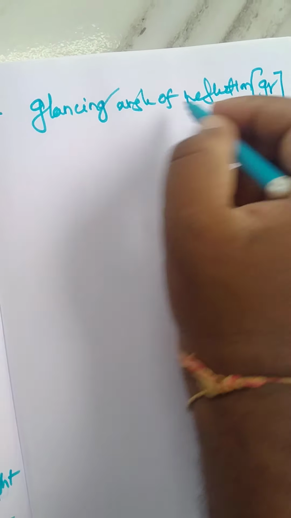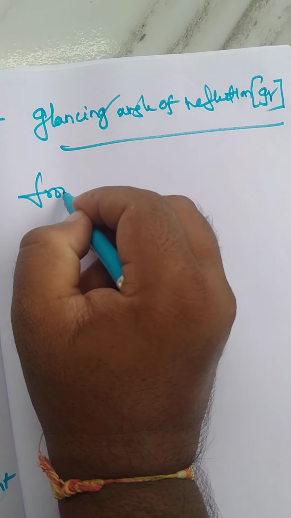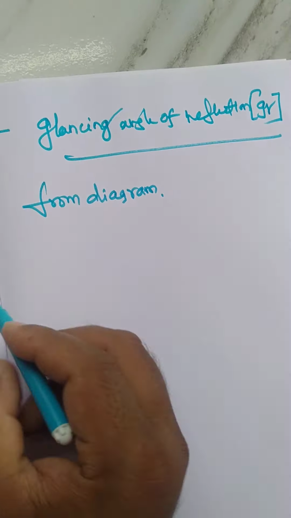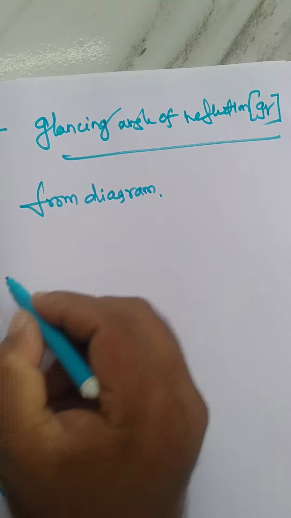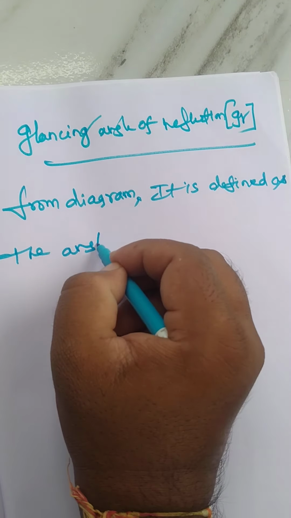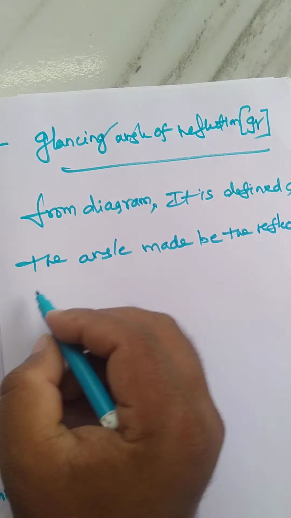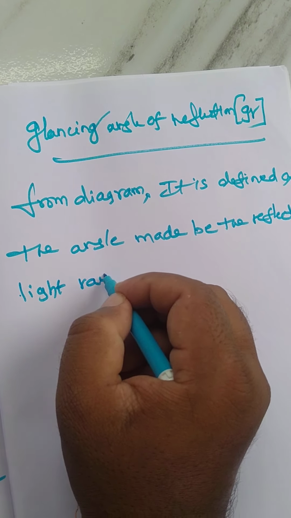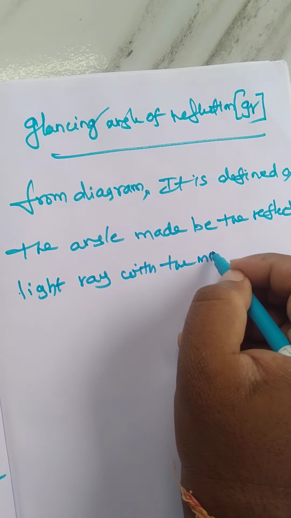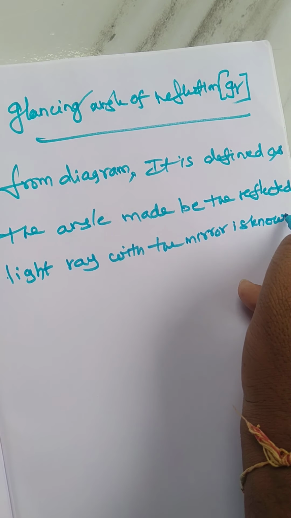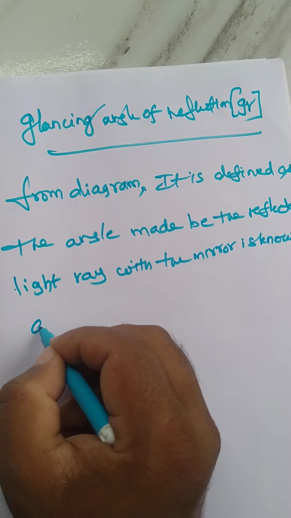It is nothing but G suffix R. From the above diagram, it is defined as the angle made by the reflected light ray with the mirror, and it is known as the glancing angle of reflection.